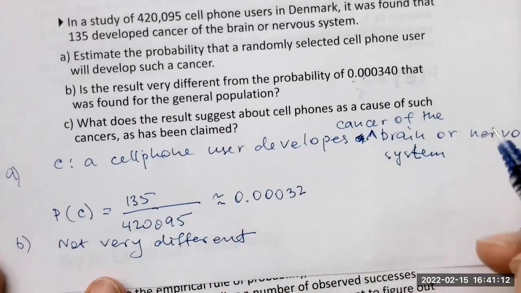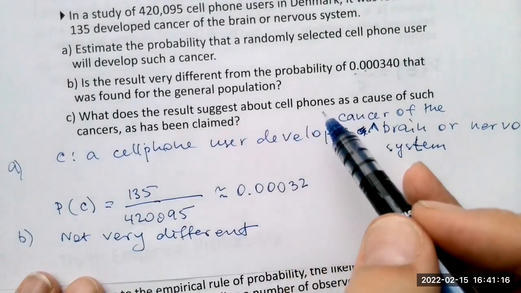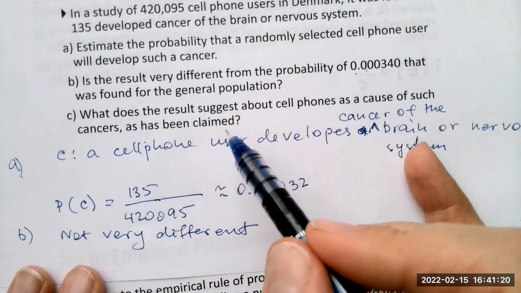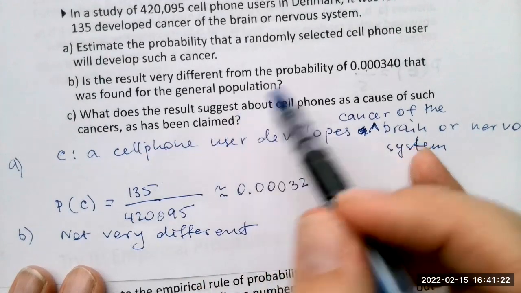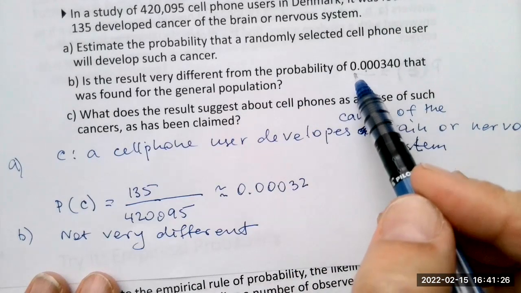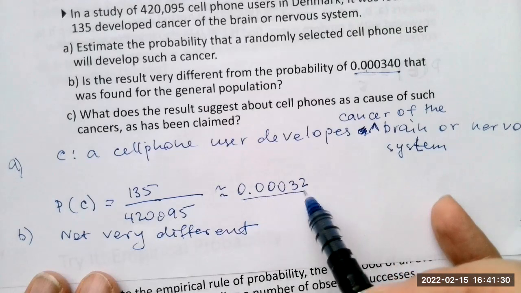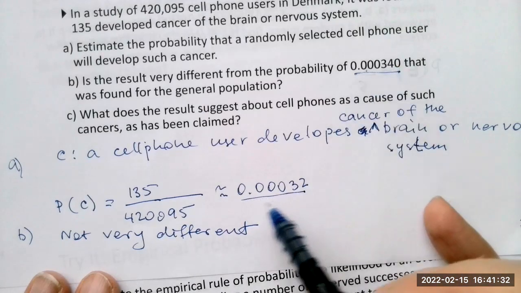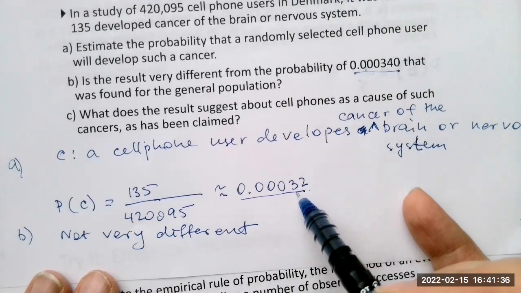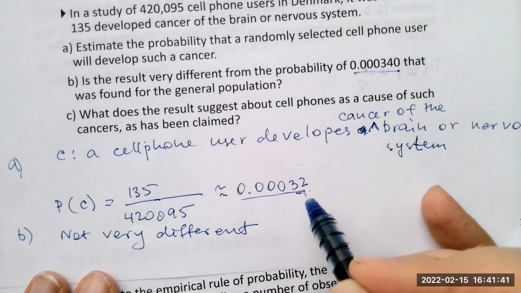And then question C, what does the result suggest about cell phones as a cause of such cancers as has been claimed? So the general population had a result that's very close to the cell phone users. And if anything, the probability of developing cancer in cell phone users is less, right?